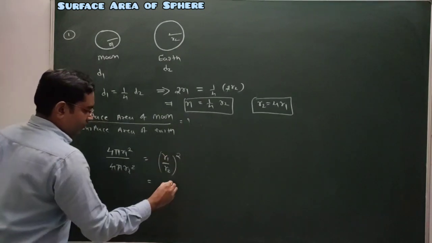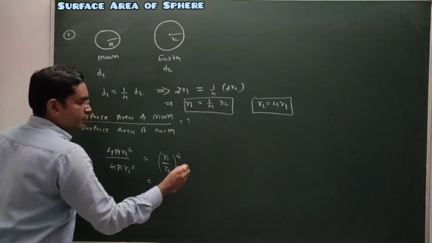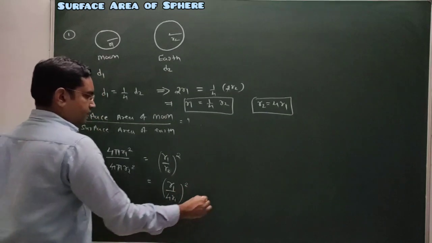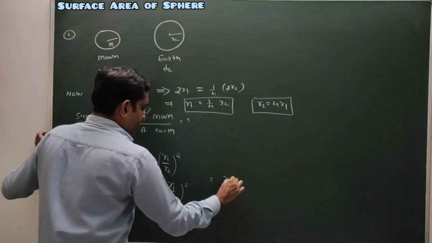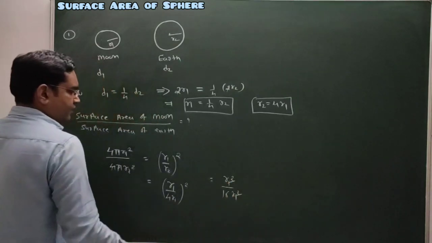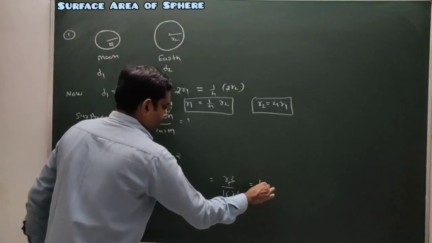Replace r2 with 4r1, this is equal to r1 square upon 16 r1 square. r1 square cancels, so it's 1 upon 16.